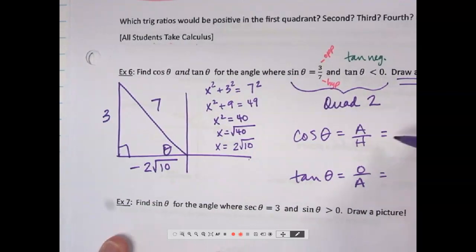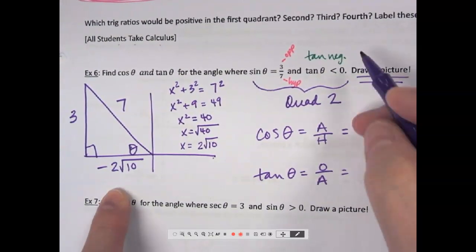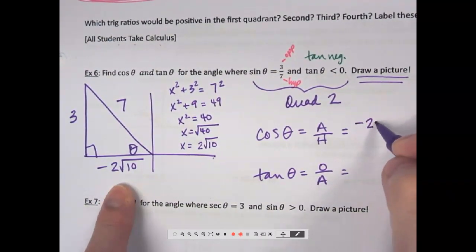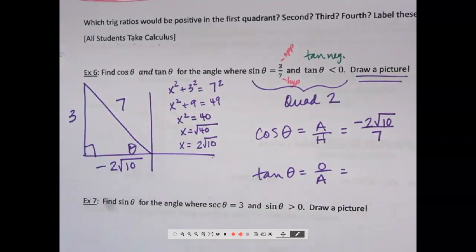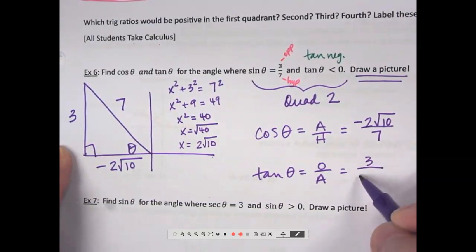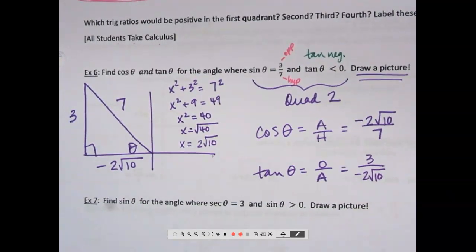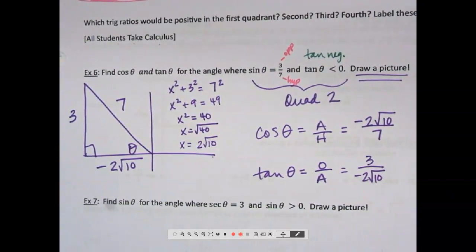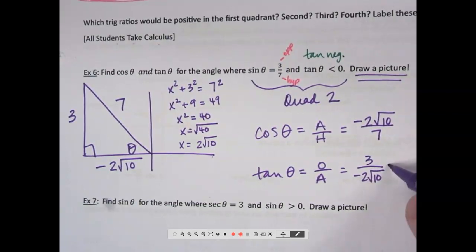Okay, now I can plug in these values. So I have adjacent over hypotenuse. Radicals on top, nothing reduces, we're done. Tangent is opposite over adjacent. Okay, if I rationalize that, what do I multiply by? I only have to multiply by the radical.